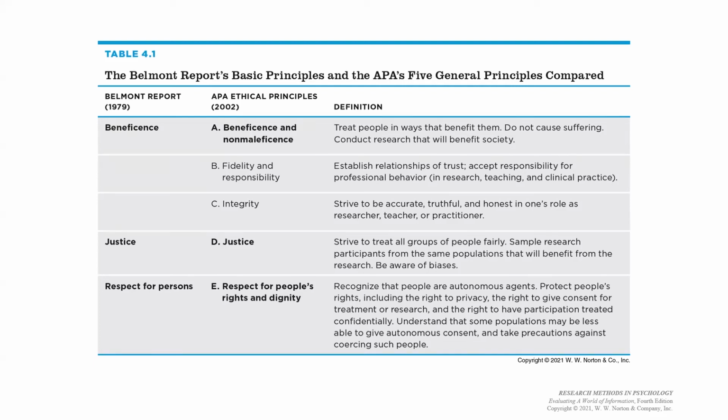Second big topic from the Belmont report is justice. Also another APA ethical principle. Treat all groups of people fairly. Sample research participants from the same population that are going to benefit, and be aware of your biases.